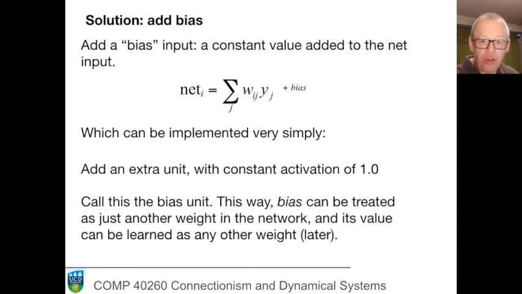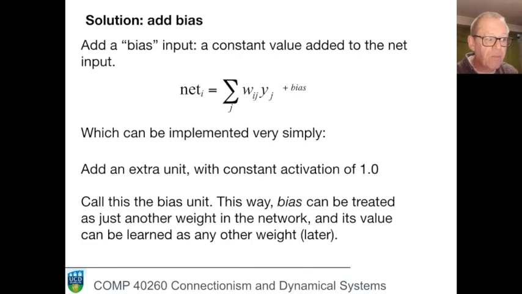Implementing this using an additional bias unit with a constant activation of 1 is simply a way of treating the bias as if it were a weight in a network, and that becomes completely consistent and continuous with the way we will develop procedures for training networks, finding weights, and in this way then finding biases becomes just finding another weight.